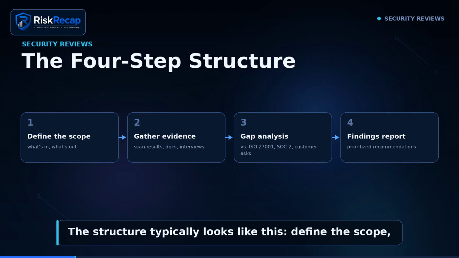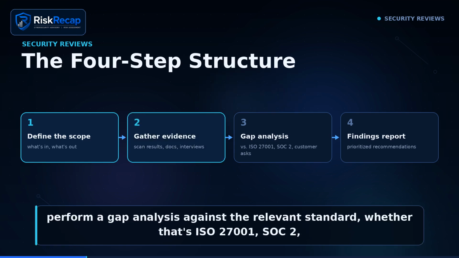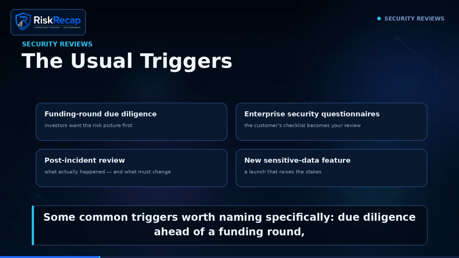The structure typically looks like this: define the scope, gather evidence including existing scan results and documentation and interviews, perform a gap analysis against a relevant standard, whether that's ISO 27001, SOC2, or a specific customer requirement, and produce a findings report with prioritized recommendations.